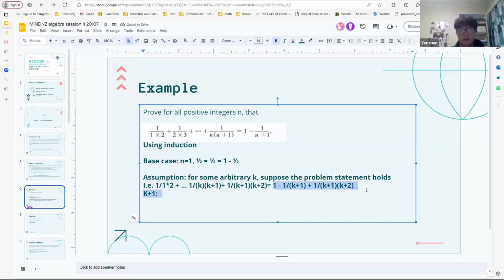If k plus 1 was true from k. Does everyone agree? If you don't agree, you can tell me in chat.